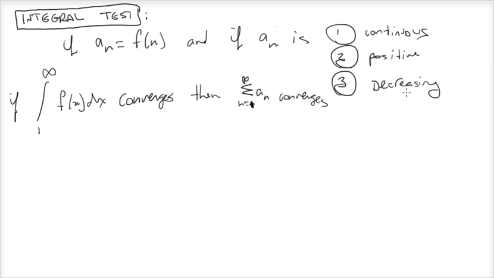If all that's true, then the improper integral from 1 to infinity of f of x dx converges. Then the series of a of n, the infinite series, also converges.